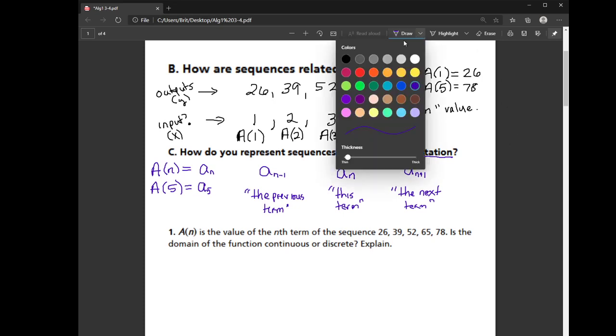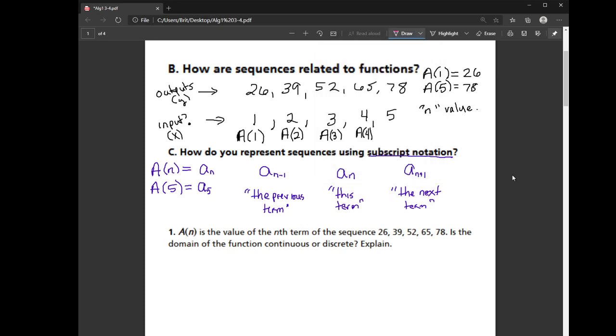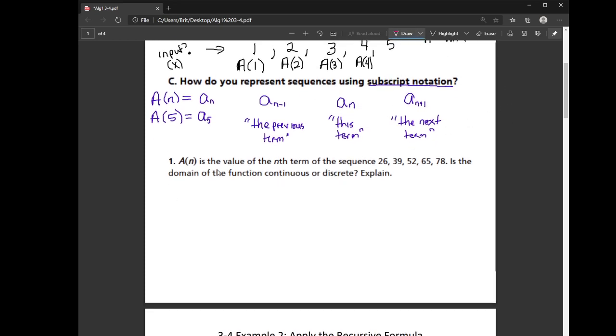Let's take a look at another example. It says A sub n is the value of the nth term of the sequence, and then they give us our sequence. It asks, is the domain of the function continuous or discrete? Remember, a domain is talking about the x values.